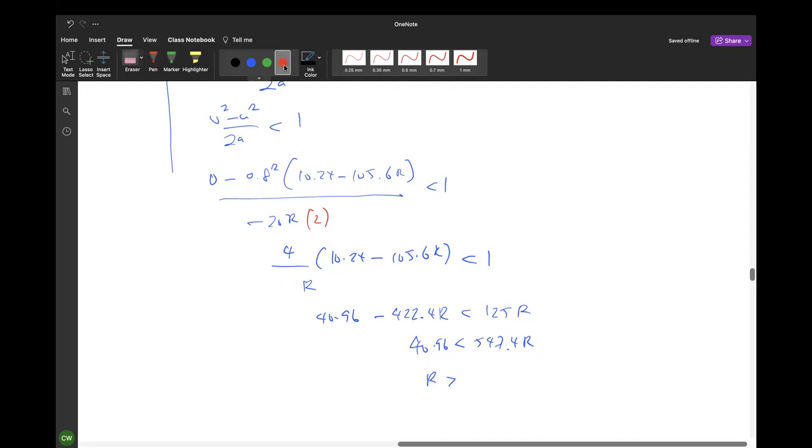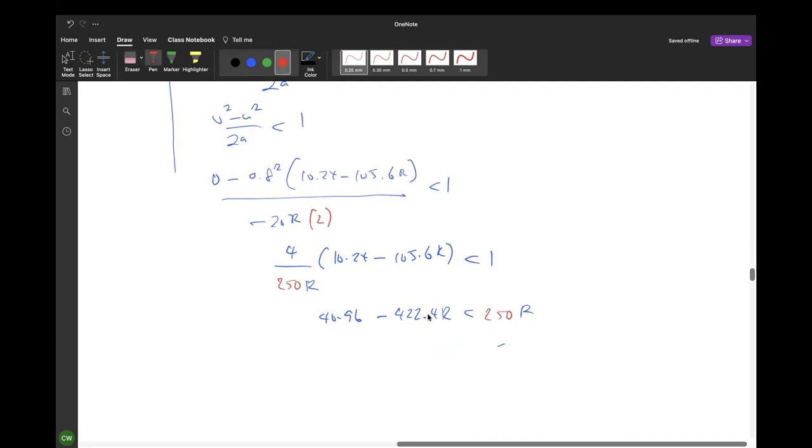So this is 250. Less than 250 plus 422.4. R is about 0.0609. Okay, right.